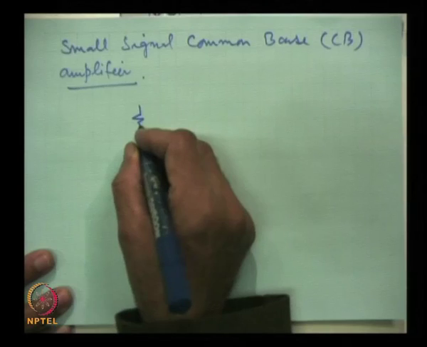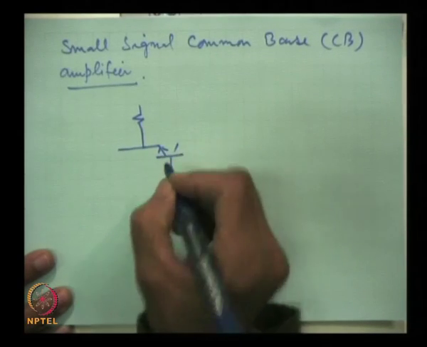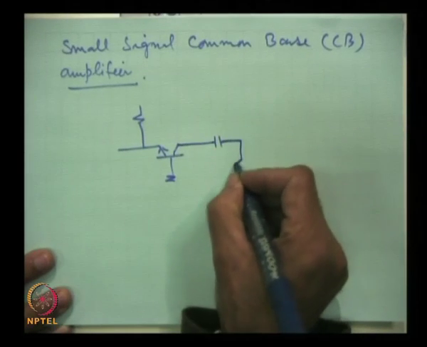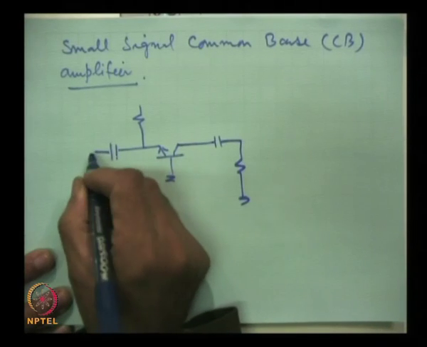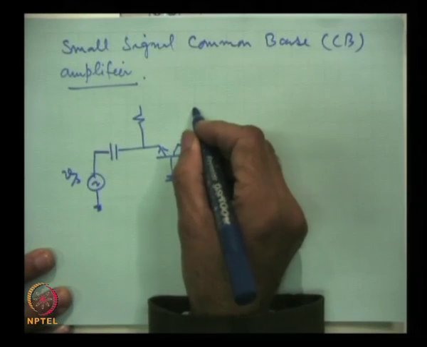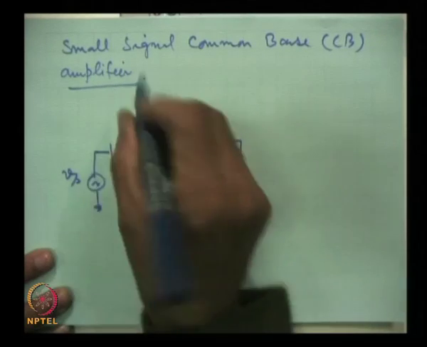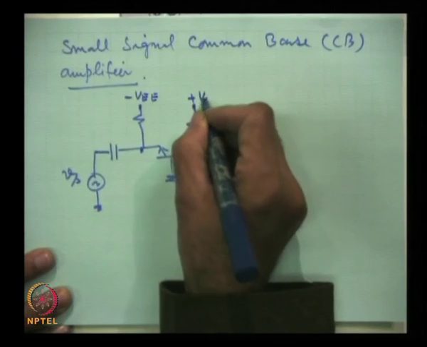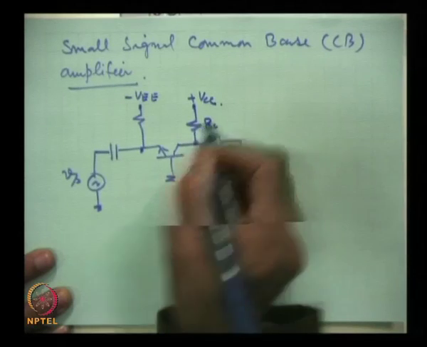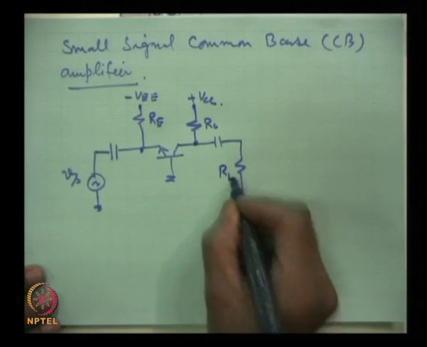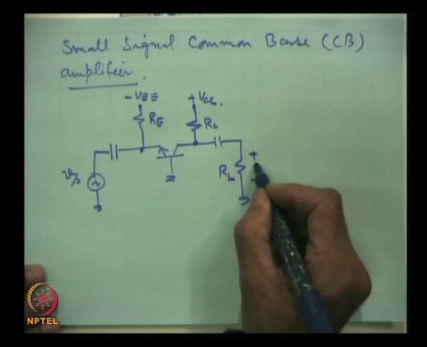So, the circuit becomes this. This is R L and output we take from R L, V out.